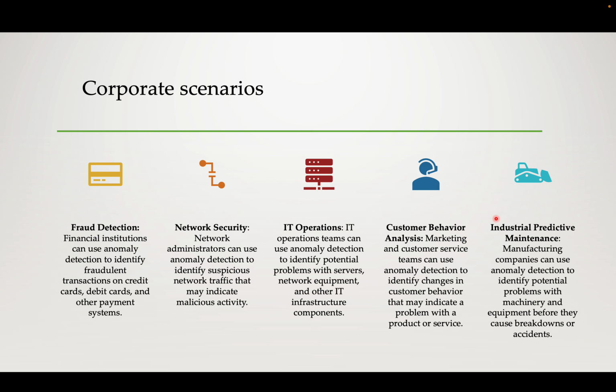The last one, industrial predictive maintenance. Manufacturing companies can use anomaly detection to identify potential problems with machinery and equipment before they cause breakdowns or accidents. For example, if a sensor on a machine starts to vibrate outside of the normal range, this could indicate that the machine is about to fail.